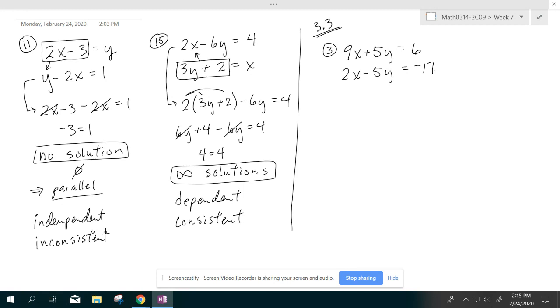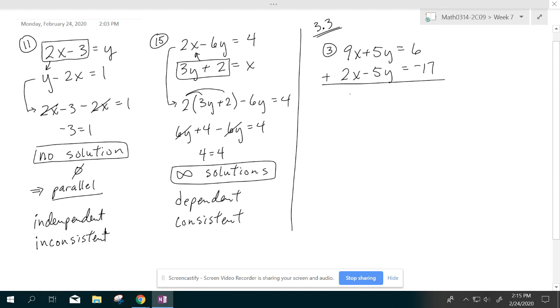No. So substitution is probably going to suck if I try it on this one. If I add these two equations together, will one of the letters cancel? That's how you know the addition method is best. If you can add up and down and get one of the letters to cancel, the addition method is best. And so we're going to do that.